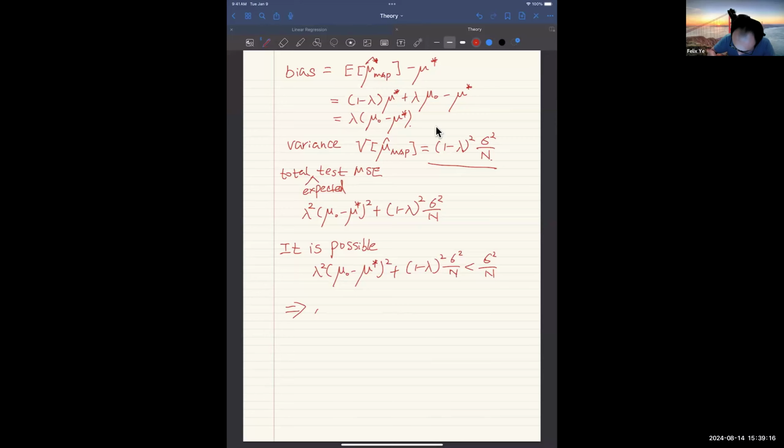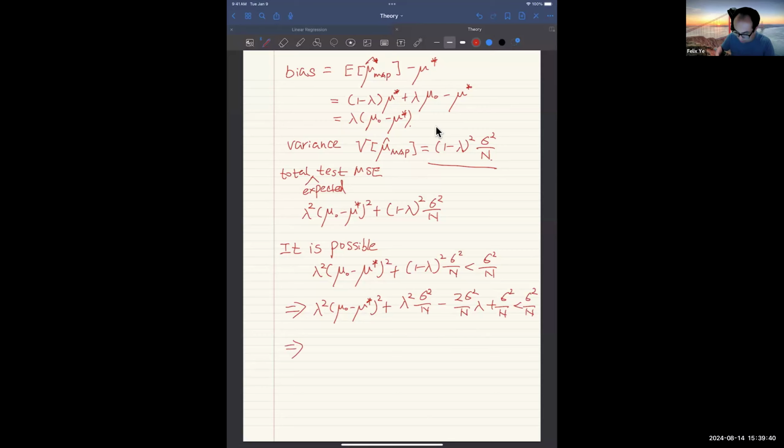So this is lambda squared times mu 0 minus mu star squared plus lambda squared sigma squared over n minus 2 sigma squared over n lambda plus sigma squared over n less than sigma squared over n.